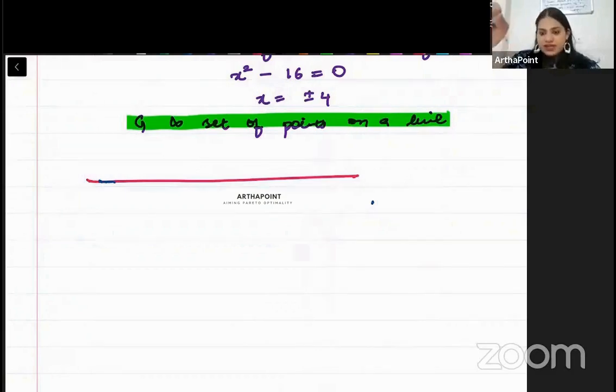Any infinite set cannot be represented in the roster format because the elements do not follow any particular pattern. Only a finite set can be written in roster format; an infinite set cannot. If you want to understand what roster format and set builder format are, we did it in the last class, so please refer to it.